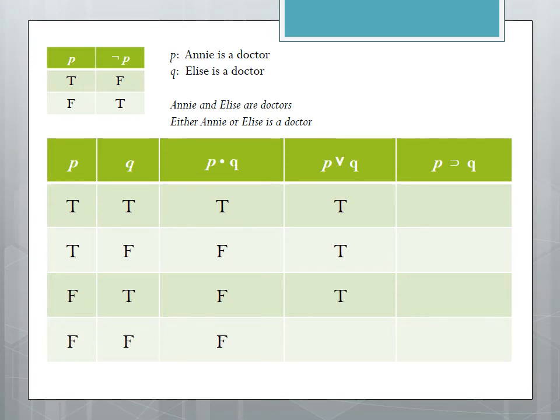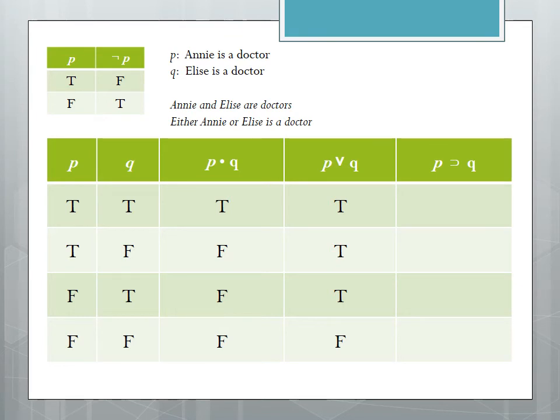Finally, we get to a disjunction with both false disjuncts. So what would we make of the sentence either Annie or Elise is a doctor? If it's false to say that Annie is a doctor, and false to say that Elise is a doctor, hopefully it's clear that in that case we would regard the disjunction as false.